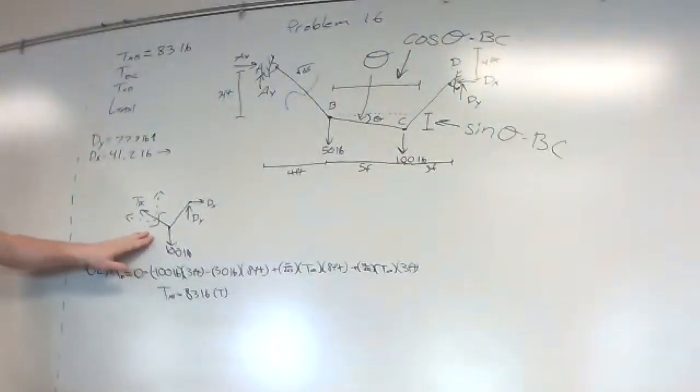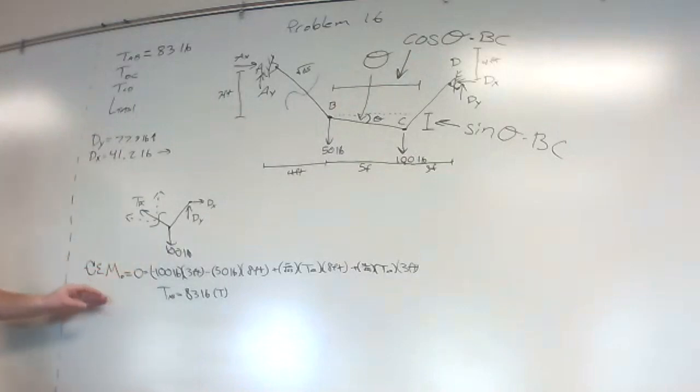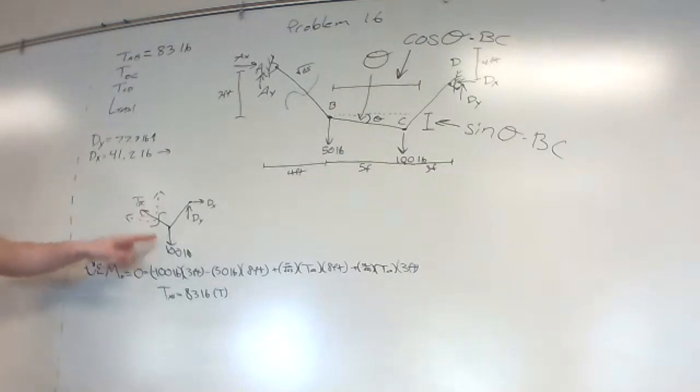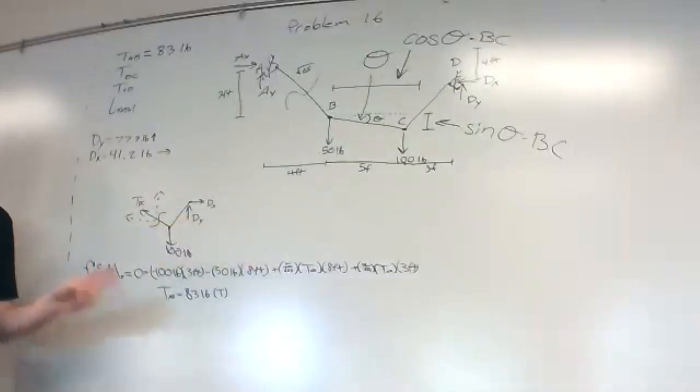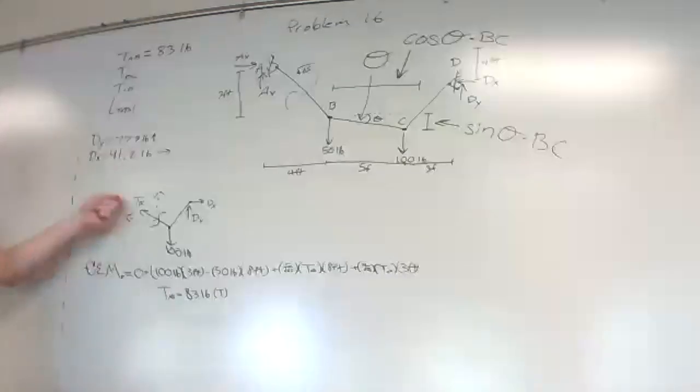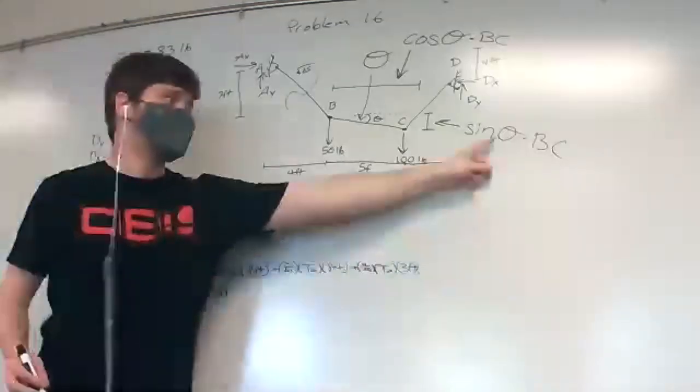What we can do instead is write the sum of the forces in the y direction equation, which will include this and Dy, and the sum of the forces in the x direction equation, which will include TBCx and Dx. That would leave us with two unknowns and two equations, both the unknowns being TBC and theta.